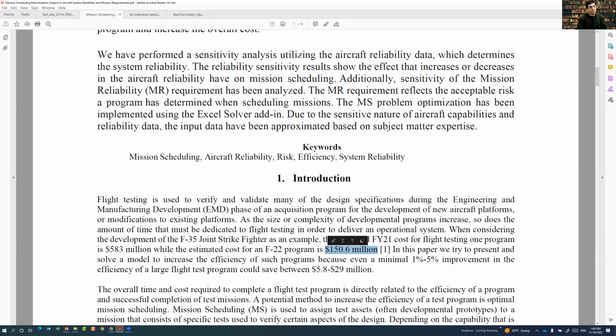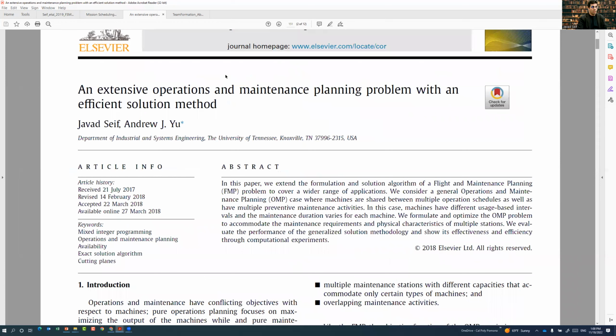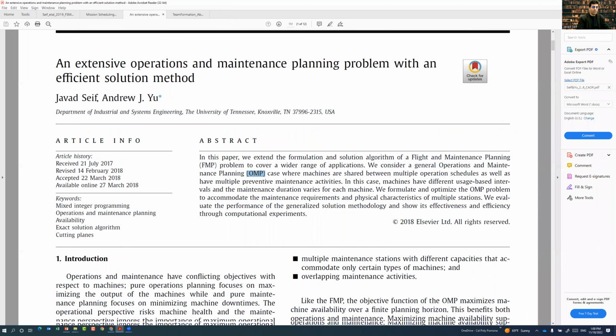Okay, so the third type of citation that I talked about is when you want to do something new in a well-established field. So here I'm trying to do something in flight and maintenance planning, or more generally operations and maintenance planning, OMP. There I'm trying to introduce the concept of having multiple operations in the scheduling or planning problem.